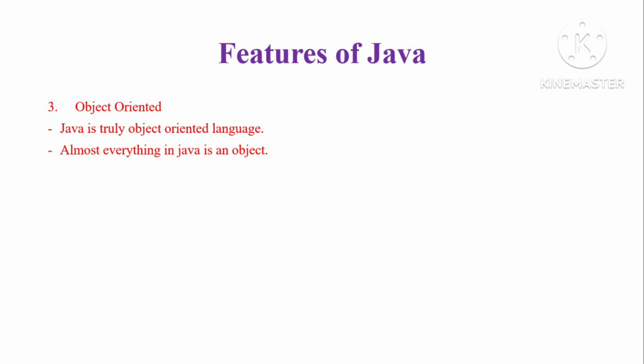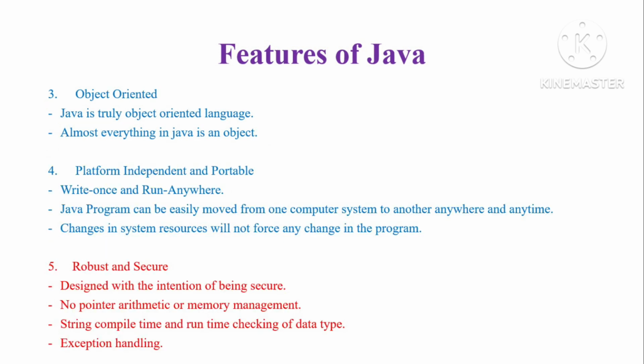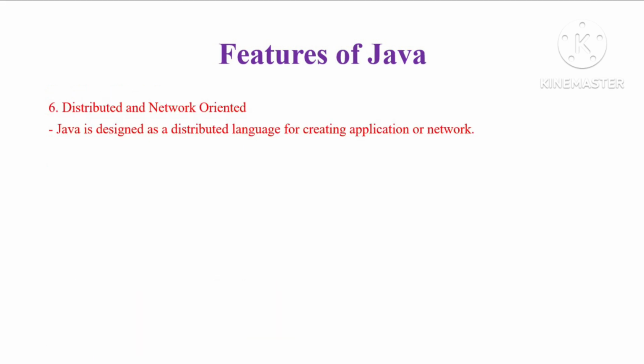Almost everything is an object in Java, hence Java is a truly object oriented language. It is also platform independent and portable, meaning a Java program can be easily moved from one computer system to another computer system anywhere and anytime. Java is designed with the intention of being secure and there is also no pointer arithmetic and memory management in Java.